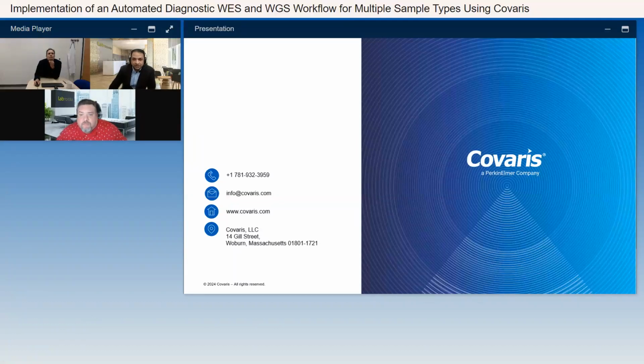Covaris achieves precise and consistent fragmentation, which is complemented by optimized size selection and also proprietary magnetic bead based reagents. Together, this ensures uniform insert sizes regardless of the specific Illumina sequencing platform, whether it is a MiSeq, NextSeq, or NovaSeq X or X Plus. Please feel free to connect with us if you would like to learn more about the truCOVER library prep workflow.